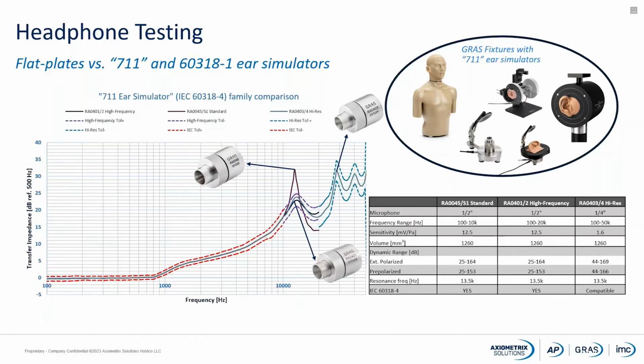The high-res ear simulator has, as the other 2 types of ear simulator, the same response up to 10 kilohertz. The high-res has also the same response from 10 to 20 kilohertz as the high frequency ones. And then we actually have a very well-defined response from 20 kilohertz and up to 50 kilohertz.